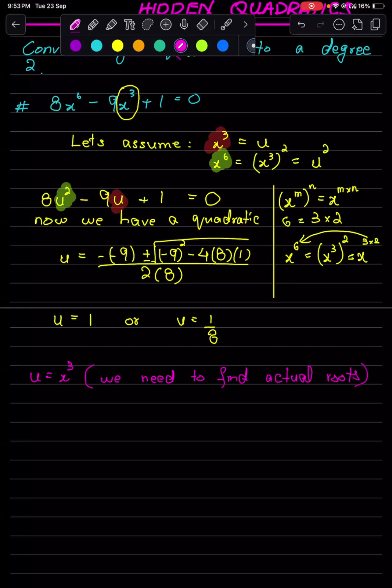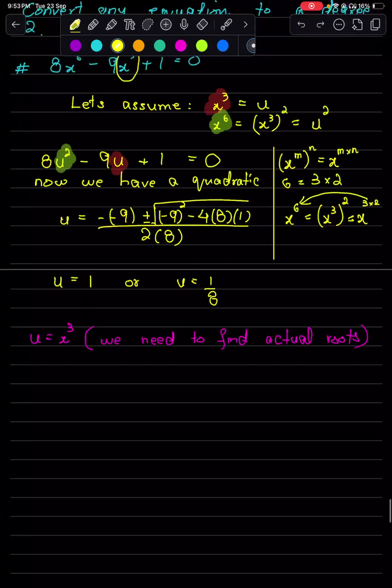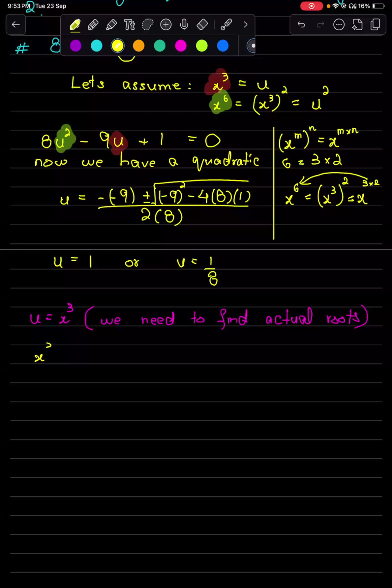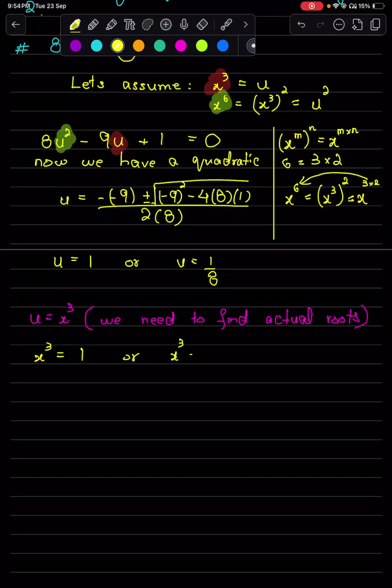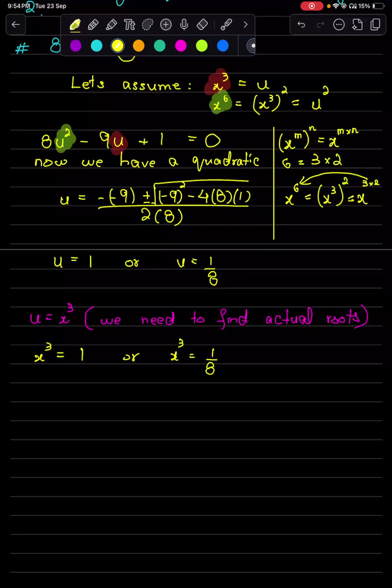So basically, x cubed is equal to 1 or x cubed is equal to 1 over 8. So x is equal to 1 or x is equal to 1 over 2, right? That is the final answer. Make sense?